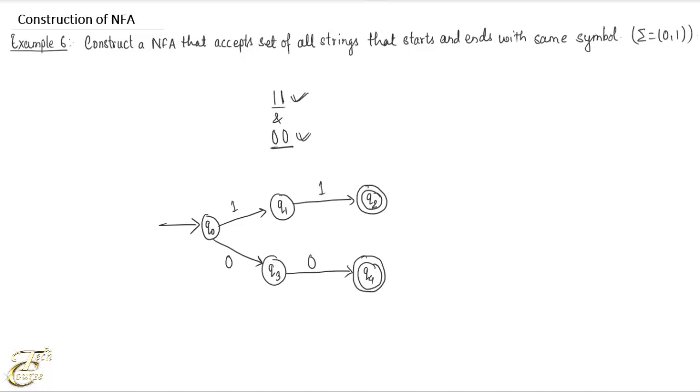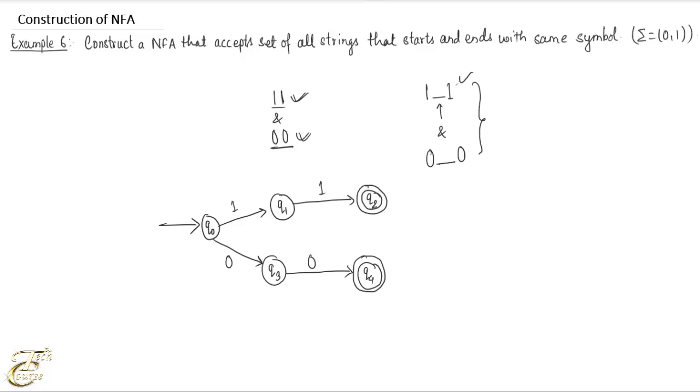Now the general structure of the strings that belong to this given language are 1, then any number of symbols, and finally 1, and 0, then any number of symbols that may be either 0 or 1, and finally 0. And none of the strings having a structure other than these belongs to this language, so we only consider these two structures while making the NFA.